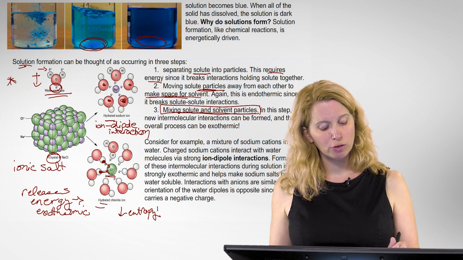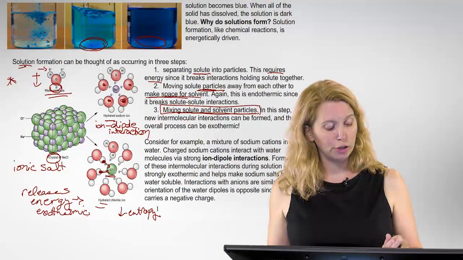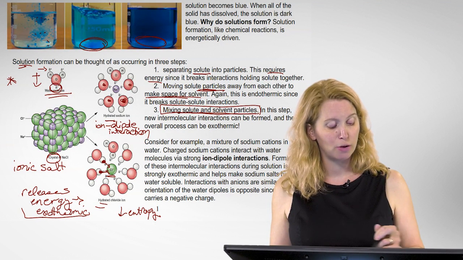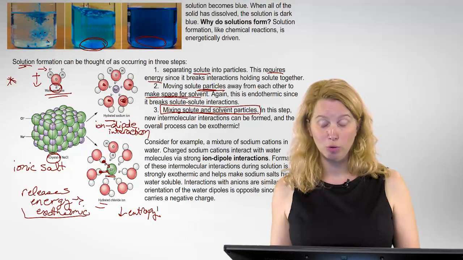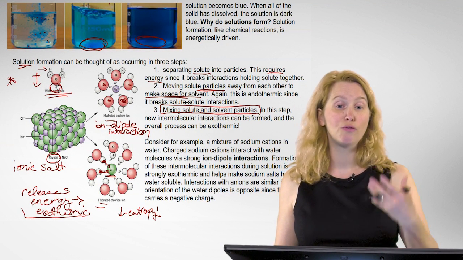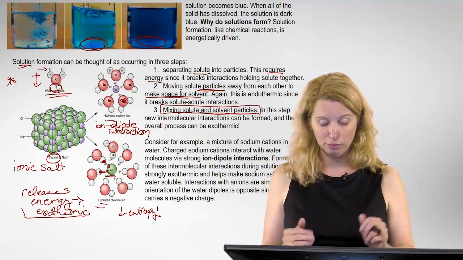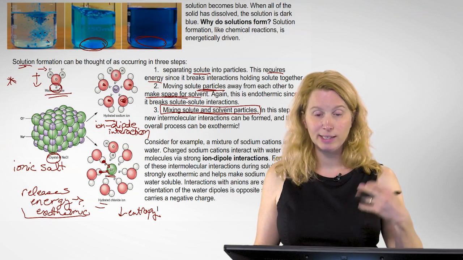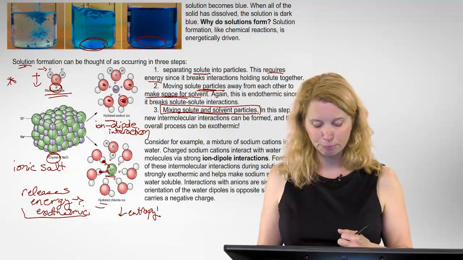So in this particular case, dissolving sodium chloride in water releases a significant amount of energy because of the formation of these ion dipole interactions that is sufficient to overcome the loss of entropy of the water organizing itself around the ions, so that dissolving sodium chloride in water is a spontaneous process.